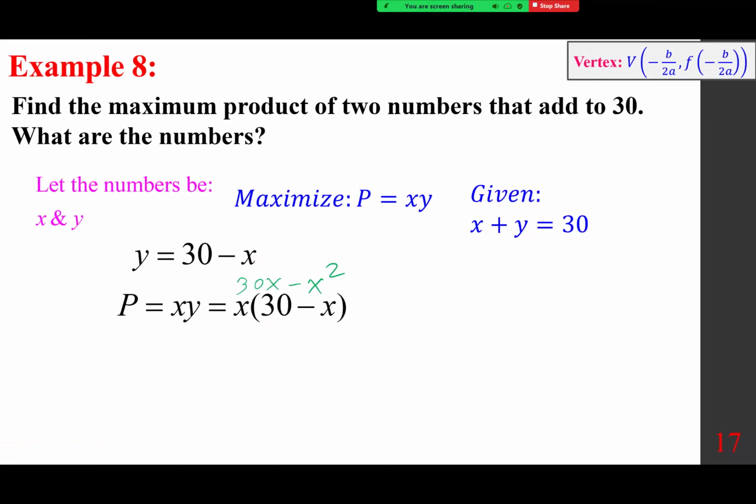You put it in descending order. P of x is minus x squared plus 30x. And the reason you do it in this fashion is so you can see that a is negative 1, and therefore it opens down, everybody.